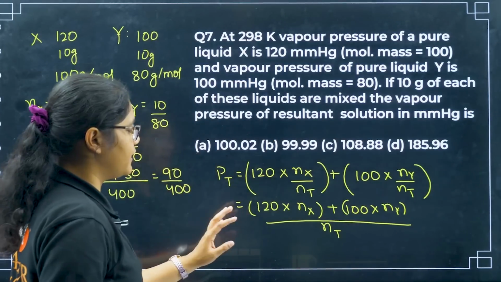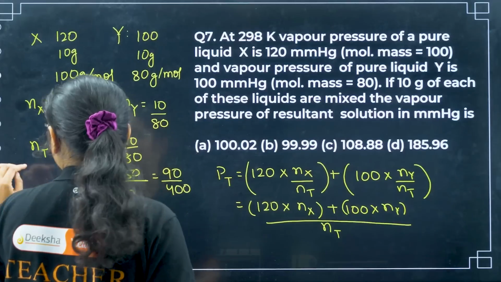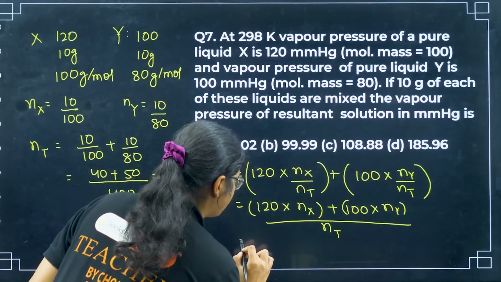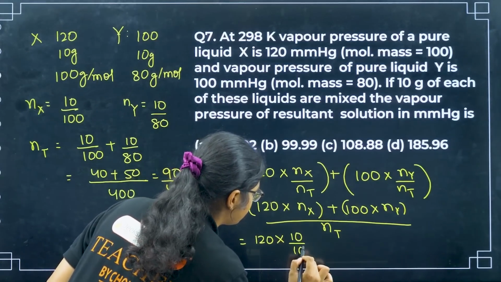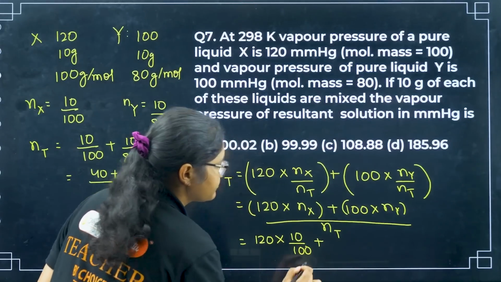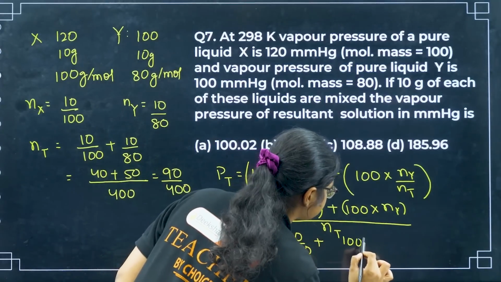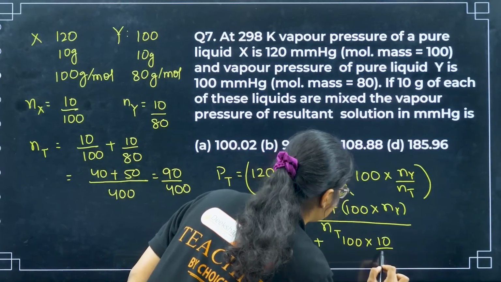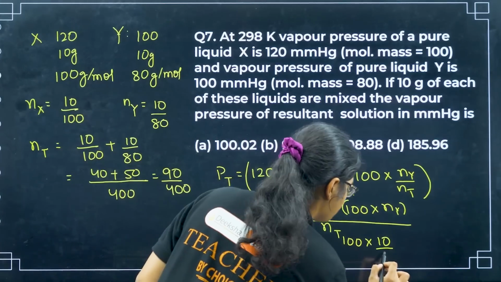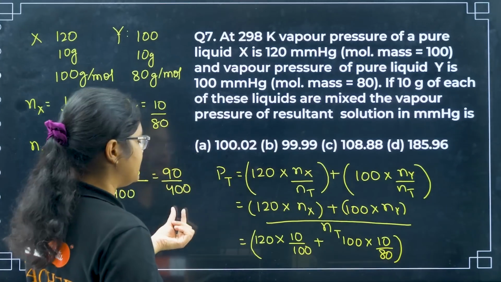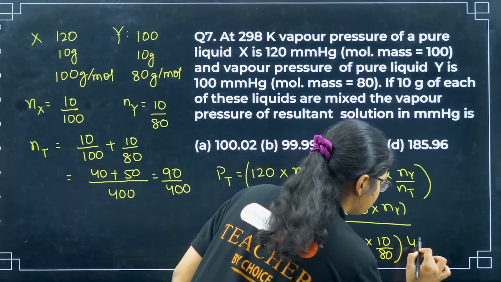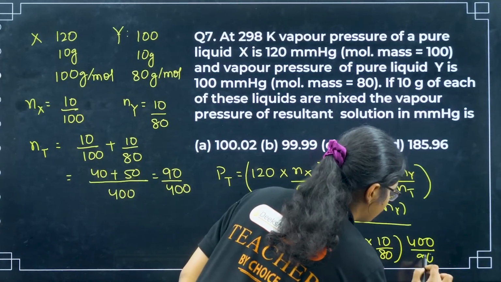Now some substitution: 120 into 10 by 100 plus 100 into 10 by 80, then divided by 90 by 400, which I can write as 400 into 90.